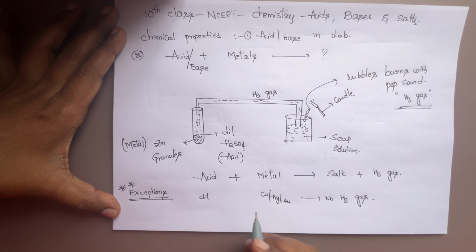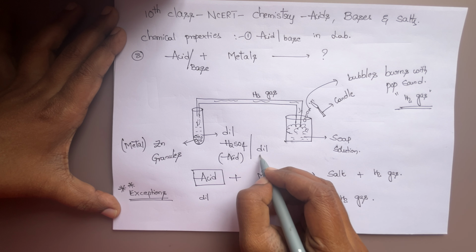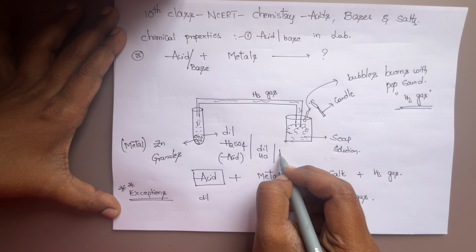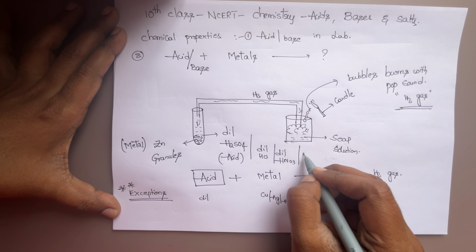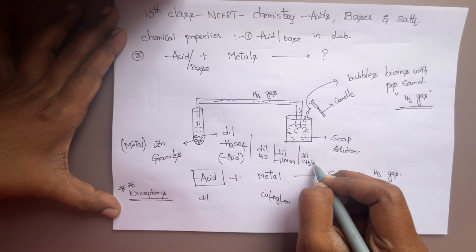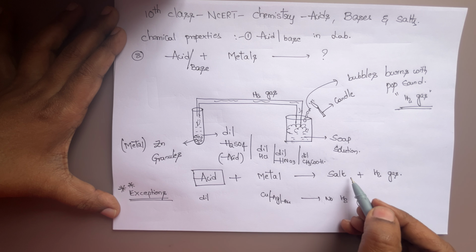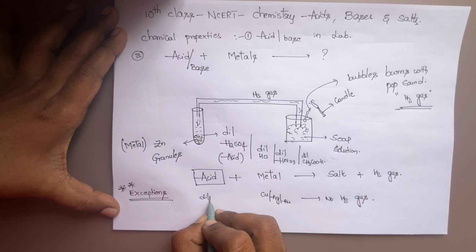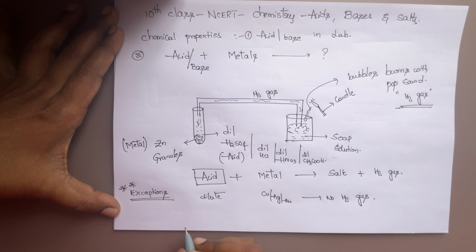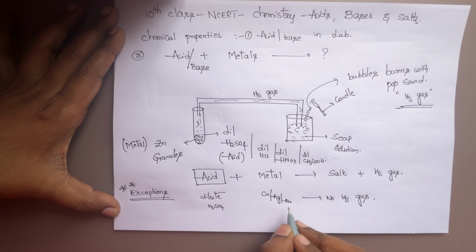Many acids, whether dilute HCl, dilute HNO3 or dilute acetic acid, usually react with metal and produce salt and H2 gas. But what are the exceptions? If the dilute acid, like dilute H2SO4 or HCl, whatever it may be, is used, it won't react with copper, silver, gold.